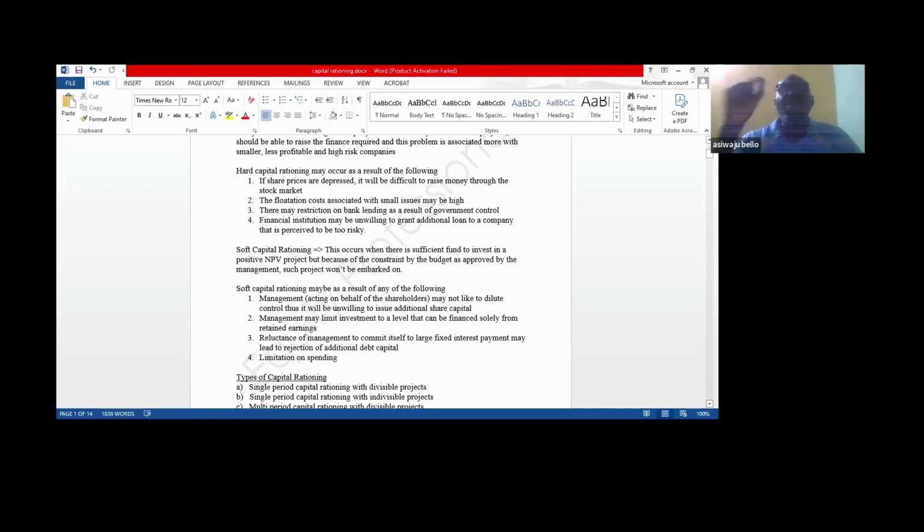But because of the constraints by the budget as approved by management, management has given us an approved capital expenditure. The amount you can spend on capital expenditure, management has given you an approval.